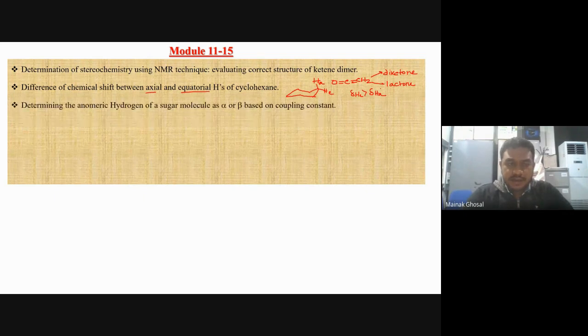Also, there is a determination of the anomeric hydrogen of a sugar molecule as alpha or beta. You can do it based on the coupling constant.